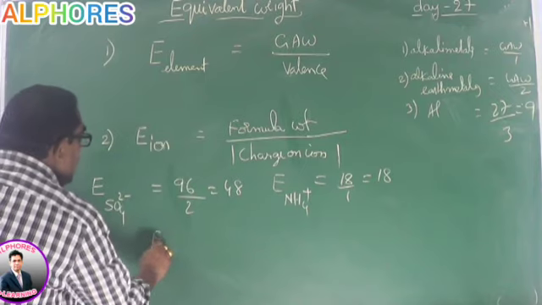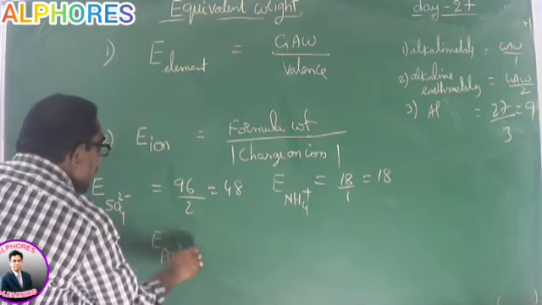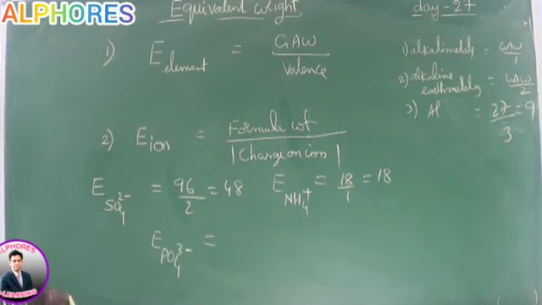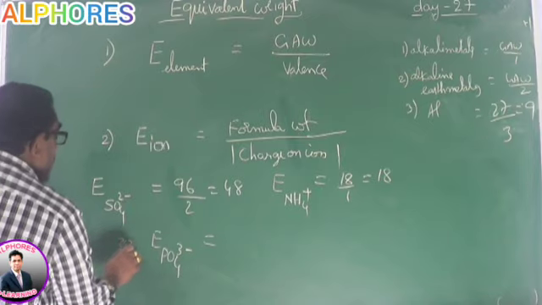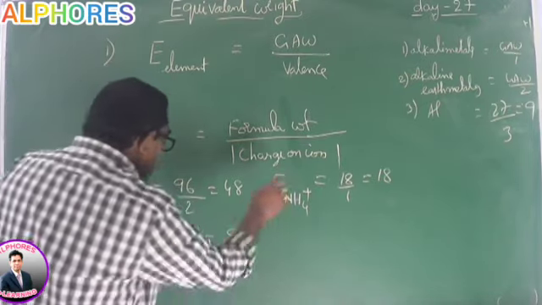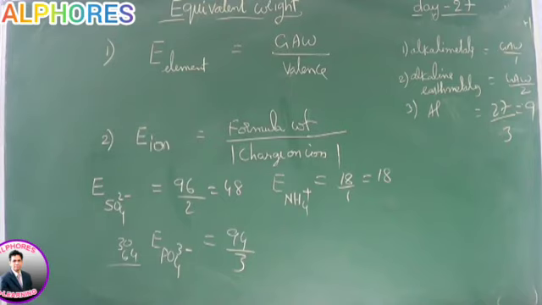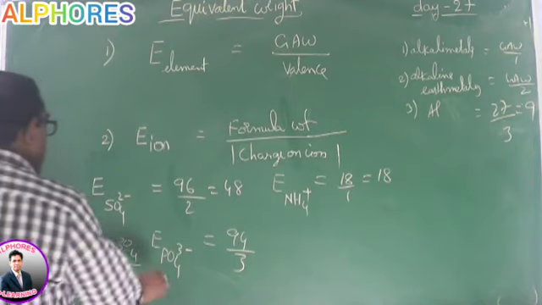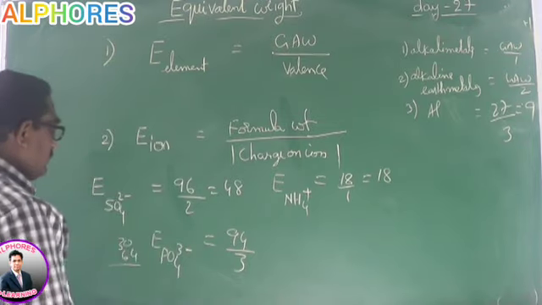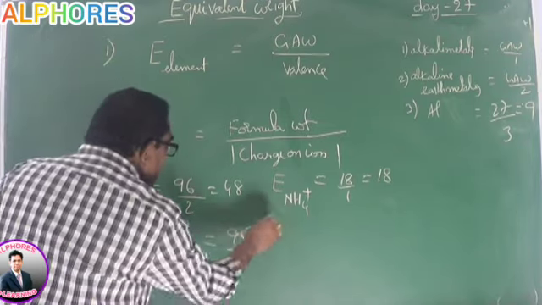Similarly, equivalent weight of phosphate ion PO4 3 minus. Phosphorus 31, I think, oxygen 4 fours 64, that means 95 by 3.